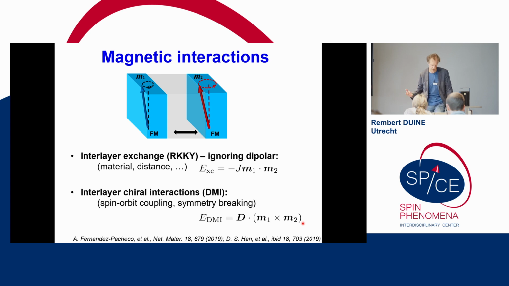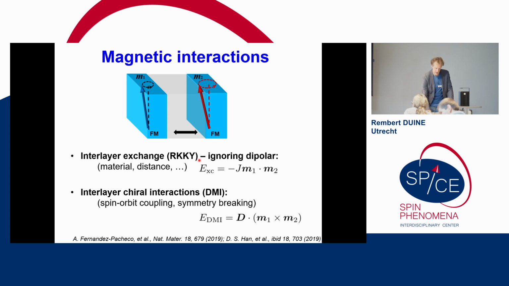Okay, so just to give you a bit of a feeling for the type of interactions and how to tune them. A very common interaction that we consider is an interlayer exchange interaction. So you place two of these magnets as a sandwich with some piece of cheese, say, in the middle, and let's say it's a non-magnetic material, this will mediate interlayer exchange coupling, commonly referred to in the case of metals as RKKY coupling.